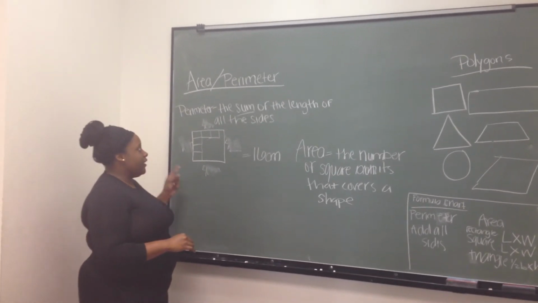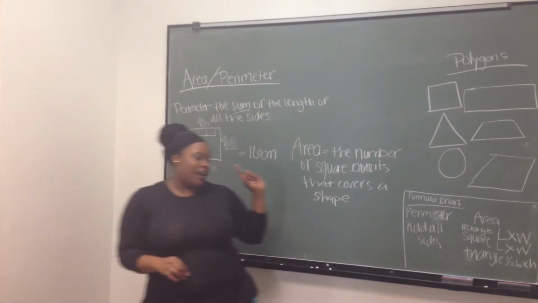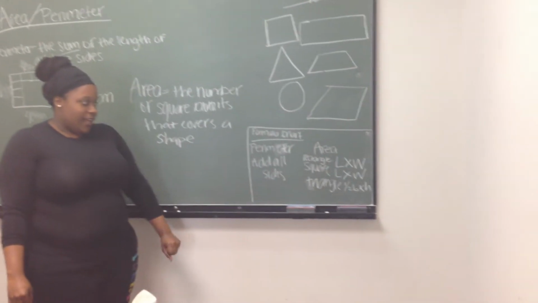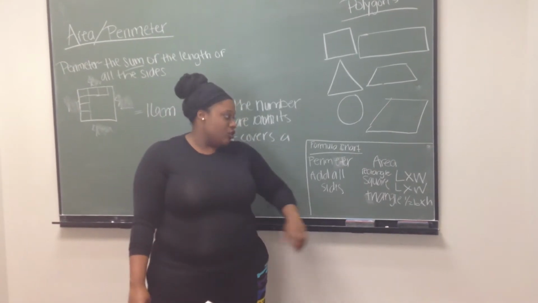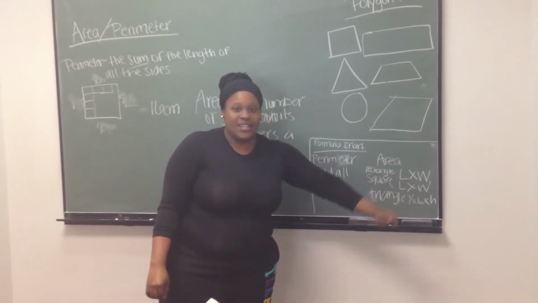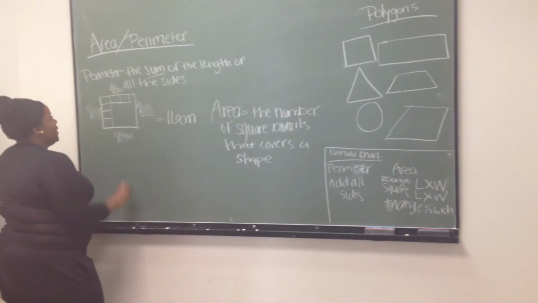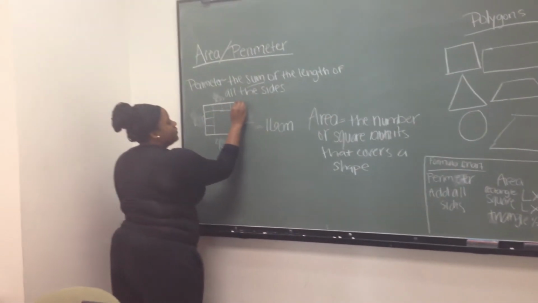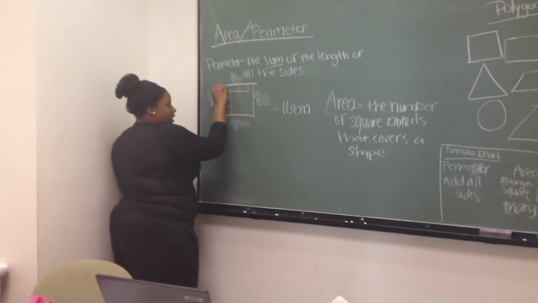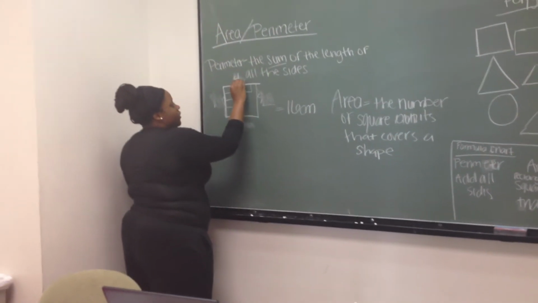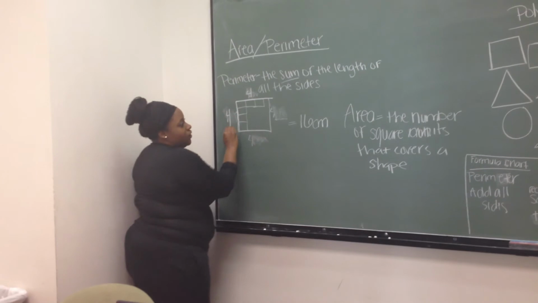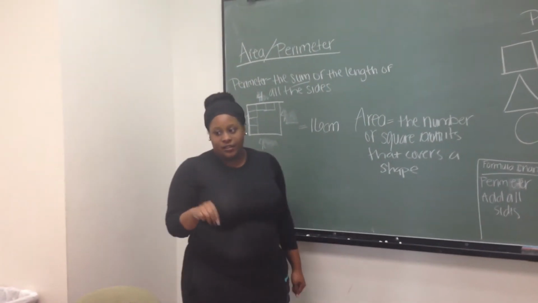To calculate area, we go to something called the formula chart. And here we have a square, and so to be able to calculate area, you do the length times the height. And the length is how long it is, and the width is how wide it is. So if the length is 4 and the width is 4, how do we find the area?